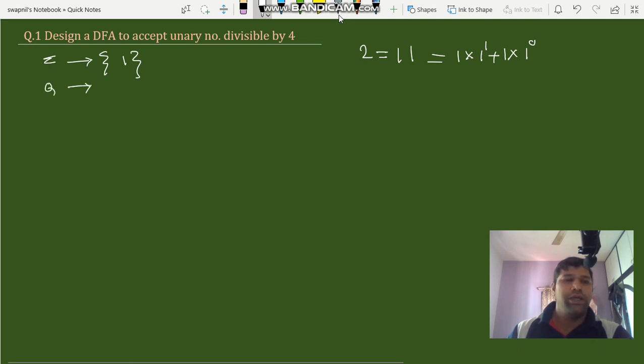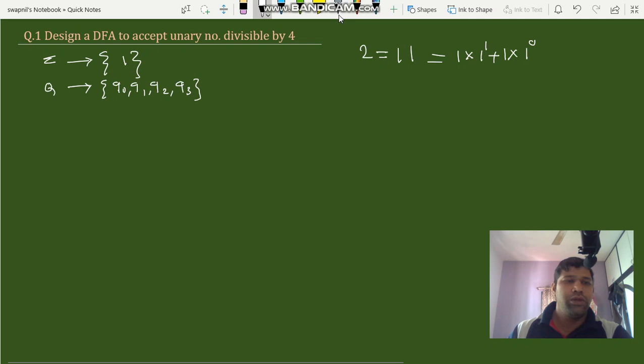The next is the set of states. As it is divisible by 4, the set of states will be q0, q1, q2, q3, because the possible remainders are 0, 1, 2, 3. So we'll take 4 states.